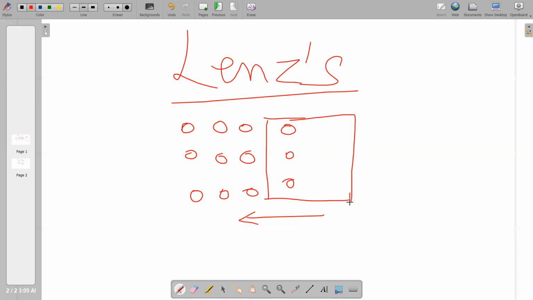Anti-clockwise. That means it should be like this. So basically dots are increasing, so it will try to oppose the dots. Dots are increasing, so it is wrong.